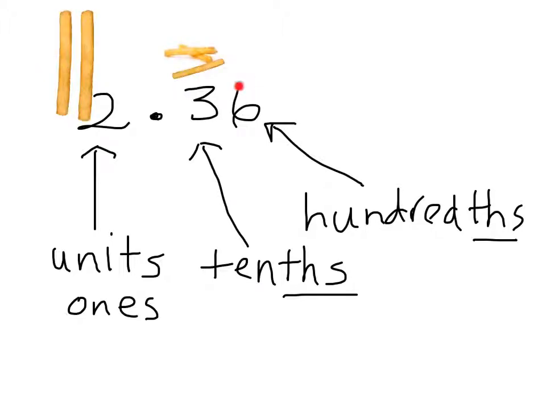So looking at this number here, 2.36, can you tell me which of these digits, the 2 or the 3 or the 6, is worth the most? Now keep in mind that this 2 is a whole number, or like a whole French fry. Like here we have 2 whole French fries.